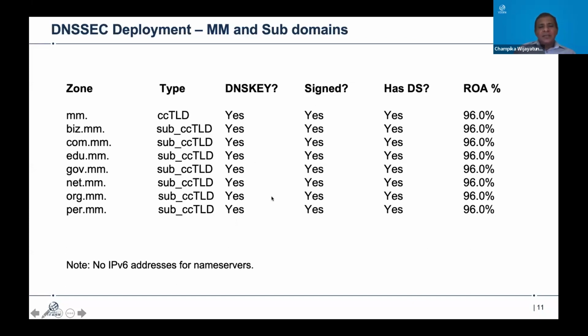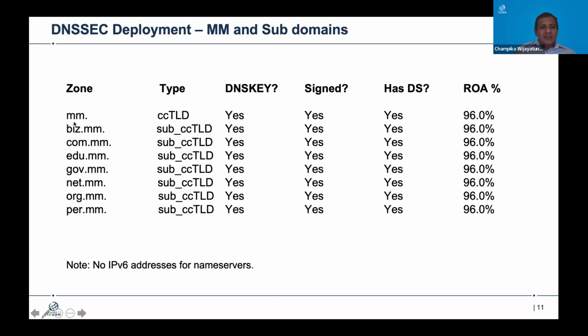Because when I dig further into details, I see that all these, including .mm and these second level domains, have the same name servers, right? When you are using the same name servers, it is quite easy for you to sign all these domains. That's what we have found.